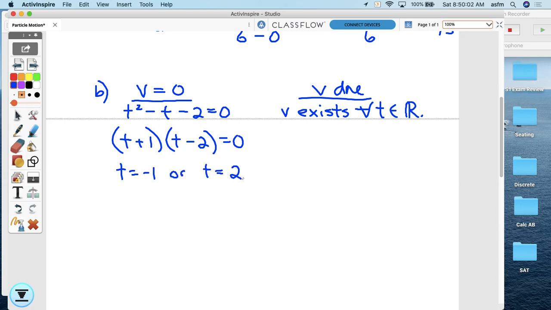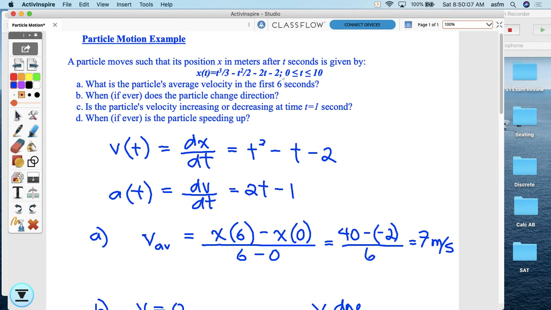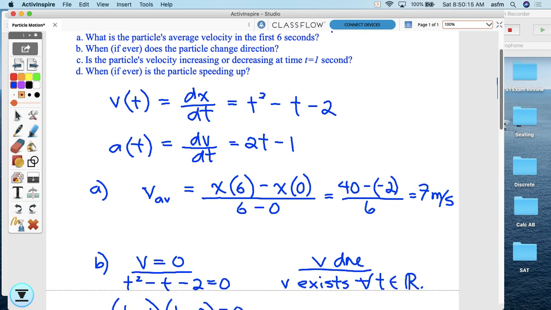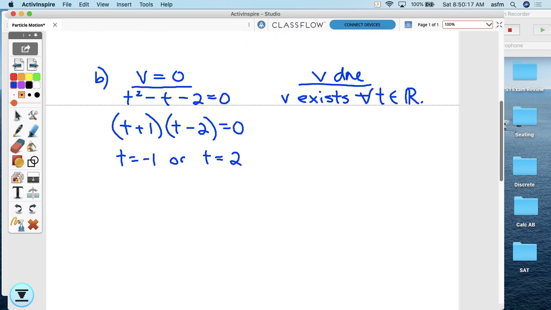But remember that the function originally was only defined from 0 to 10. And so t = -1 is not allowed. And so we can save ourselves a little bit of effort there by just claiming that this is extraneous because it's not in our domain, the domain of the position function.